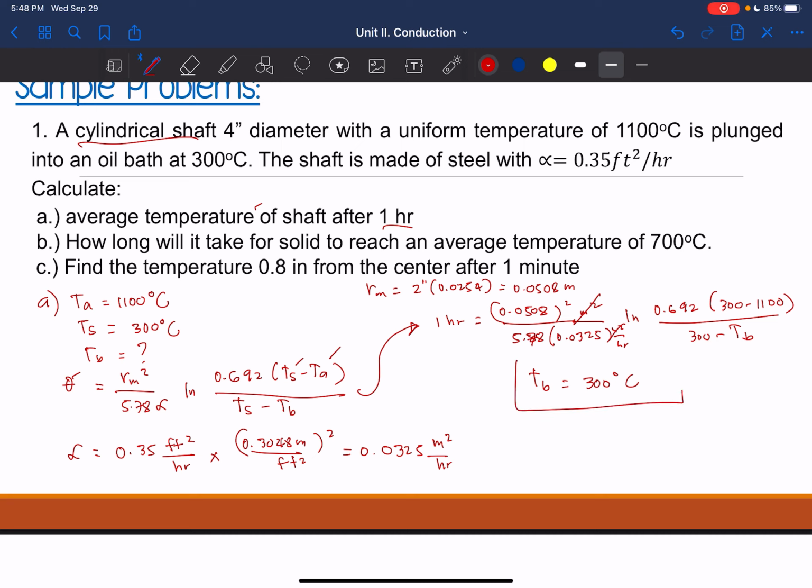And you get the value of the average temperature after 1 hour to be around 300 degrees Celsius. Okay. For the second, how long will it take for the solid to reach an average temperature of 700? So this time, TB naman ang given, your task is to get theta.